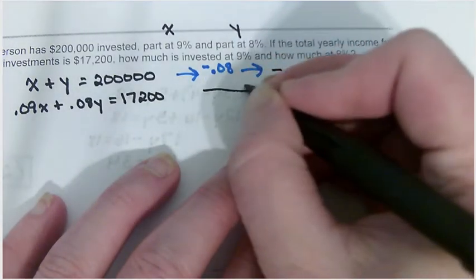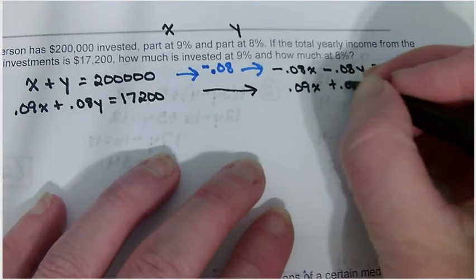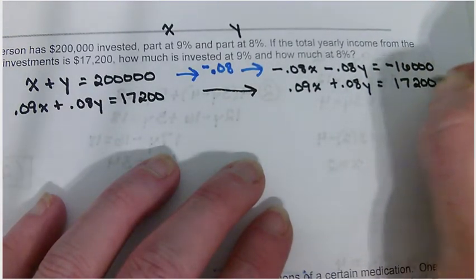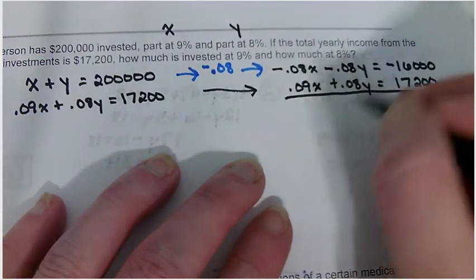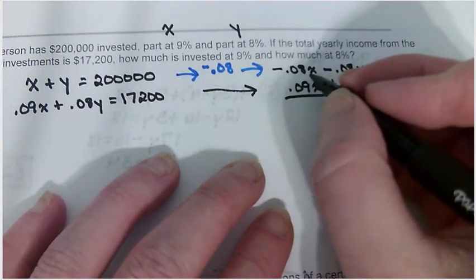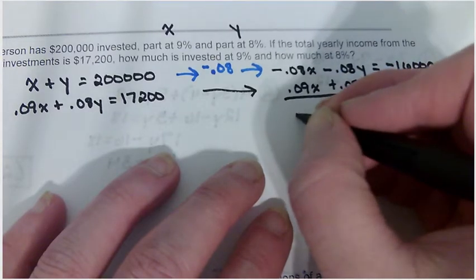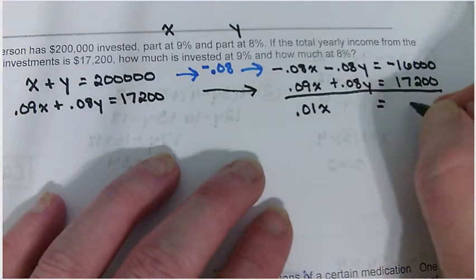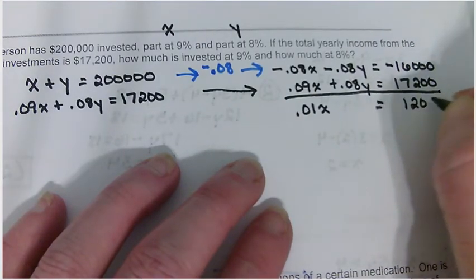And I didn't do anything to him, so he just comes over just like he is. When I add these two equations together, y will disappear. Now, negative 0.08 plus 0.09 is going to give me 0.01x equals, and I'll get 1,200 on this side.